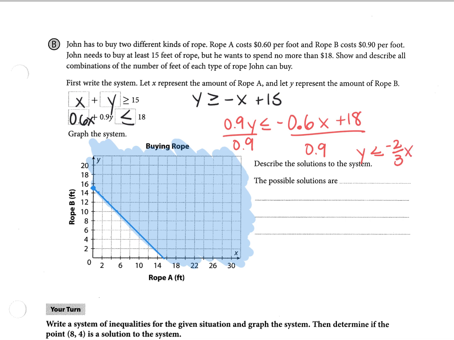And then 18 divided by 0.9 is 20. So we'll start at 20, and then we'll go down 2 and over 3. And that is also a solid line. And since it is y is less than, we're going to shade below.